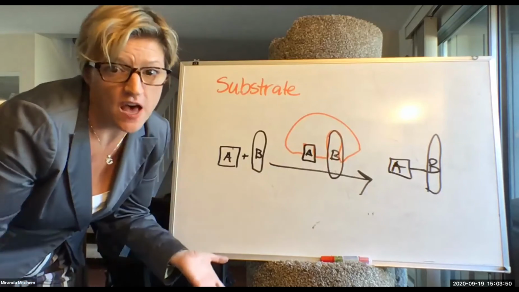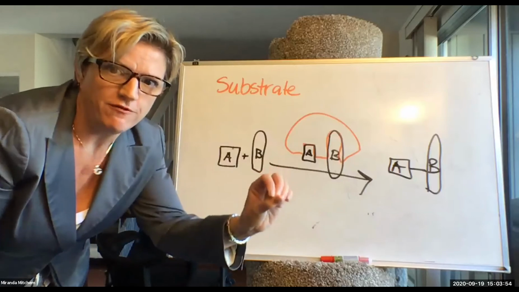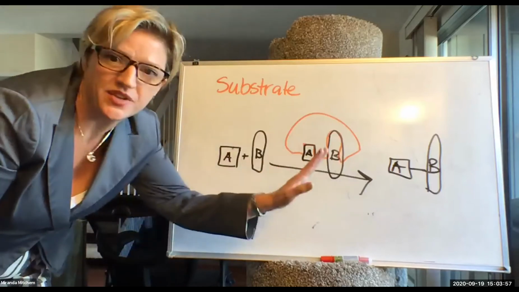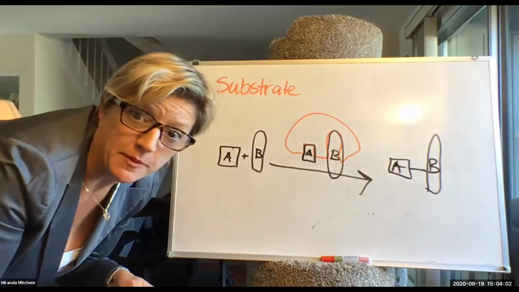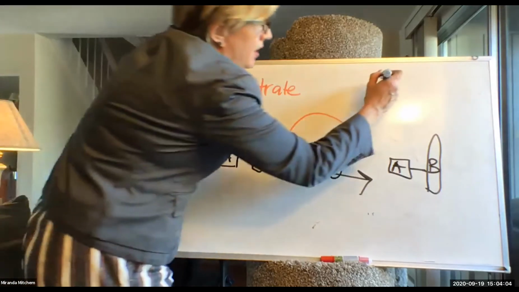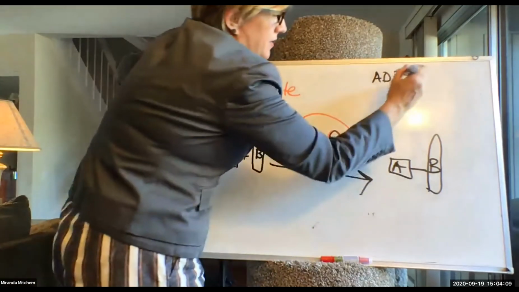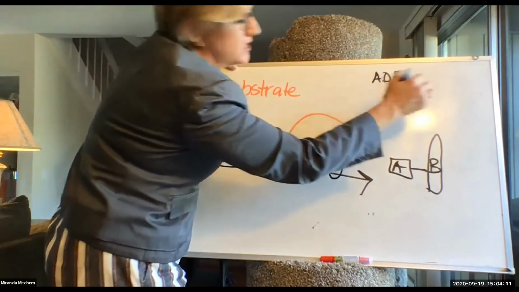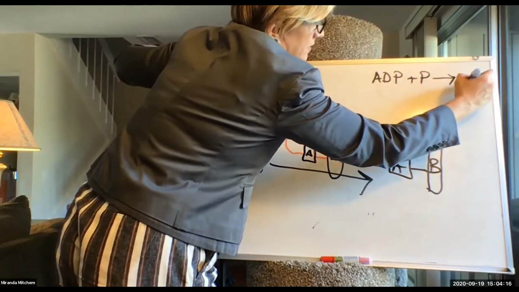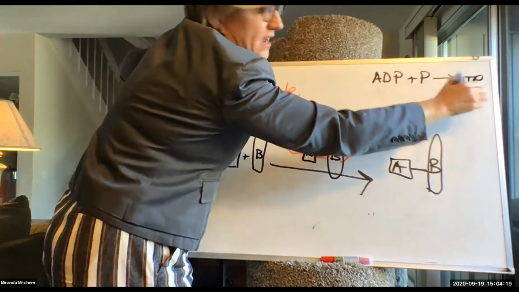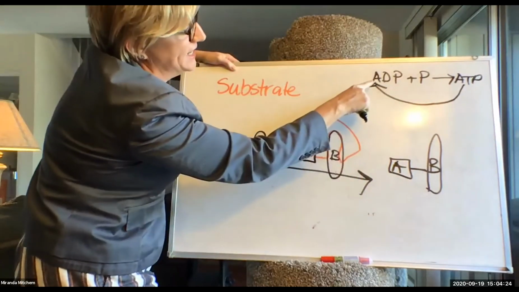Substrate level phosphorylation is often how you'll see those terms. The addition of a phosphate group is another great example of this kind of reaction. And so what other reaction am I referring to right now? Our energy cycle. Adenine diphosphate plus phosphate makes adenine triphosphate, which breaks down to adenine diphosphate.